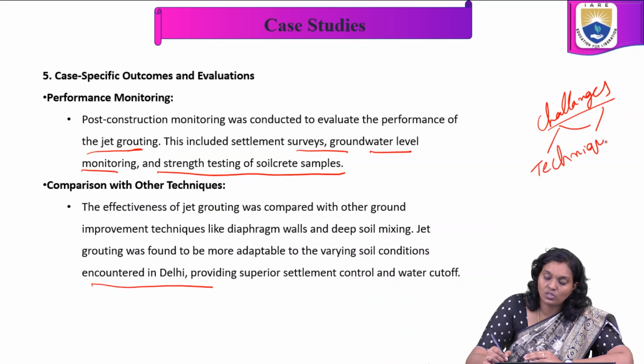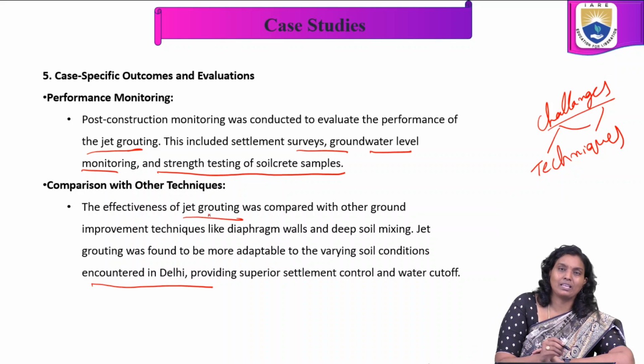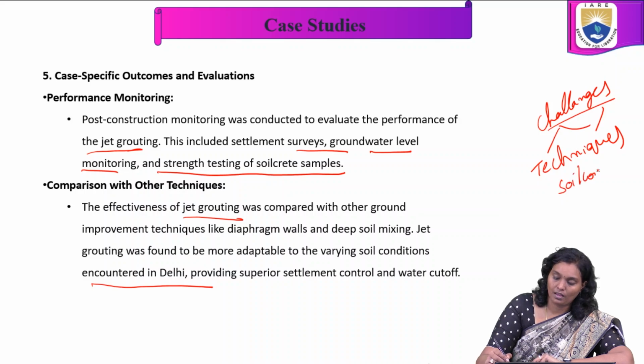Which one is suitable depends on different parameters we have to understand. Here, jet grouting is the best practice for these kinds of soil conditions. Based on the soil conditions and the project type, only then do we choose the best technique.